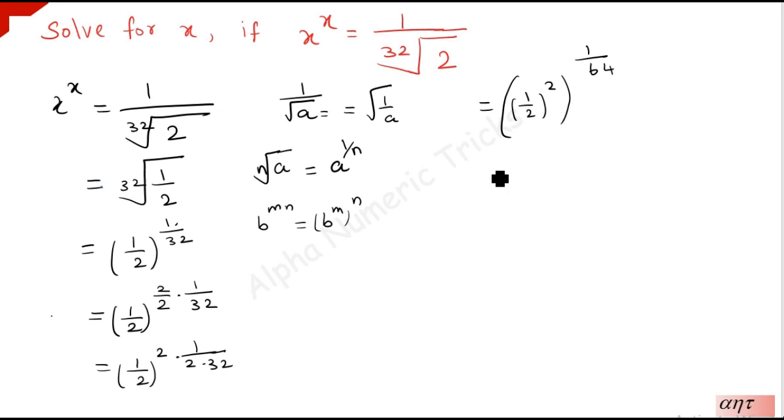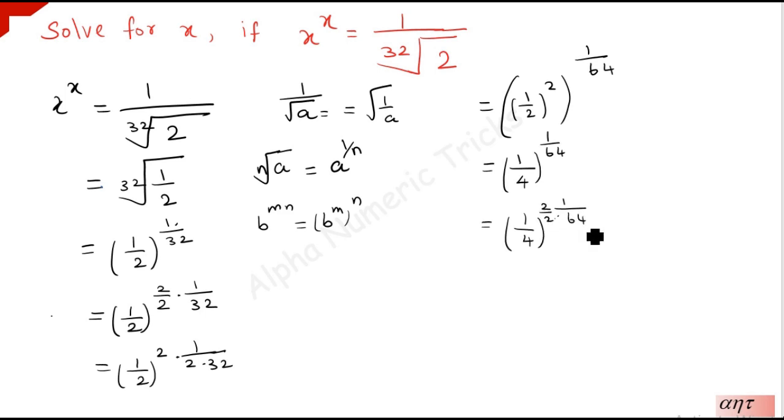Which is equal to 1 squared is 1, 2 squared is 4, so 1 over 4 whole to the power 1 by 64. We have to make these two terms the same, so again we do the same process: multiply and divide by 2.